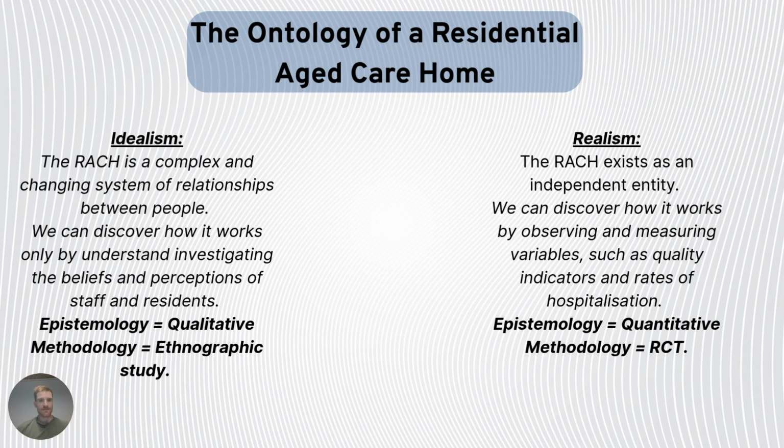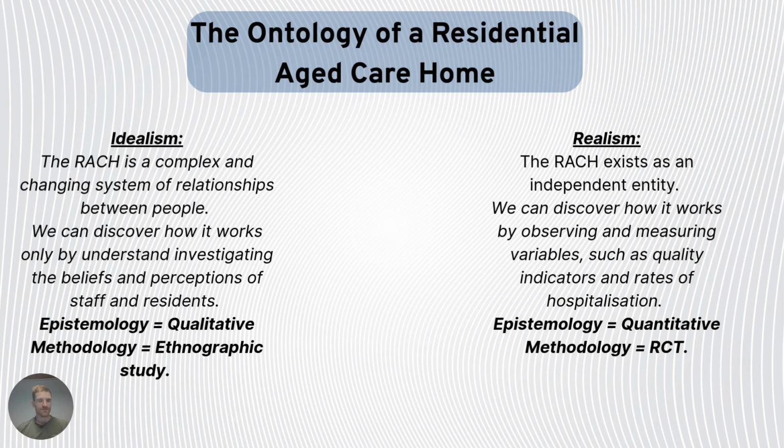And then if we are looking into how the facility functions, appreciating that it's a complex combination of relationships and interactions and contextual influences, we might then want to undertake an ethnographic study. So the researcher might spend days to weeks or hours within the facility making observations to take a deep dive into the culture of the facility, trying to understand the inner workings and the complex relationships and experiences of people.